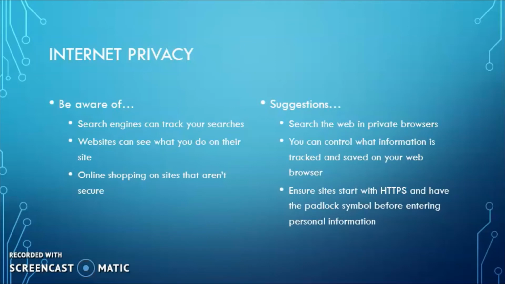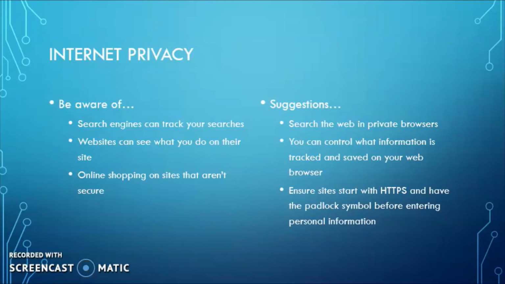Another thing to keep in mind is online shopping on sites that aren't secure, that don't have that padlock or start with HTTPS, as hackers can see what you're doing and possibly steal your personal information on websites that are unsecure. Another thing to keep in mind about privacy and online shopping is that sometimes you need to create an account to shop online, and sometimes you can order as a guest.